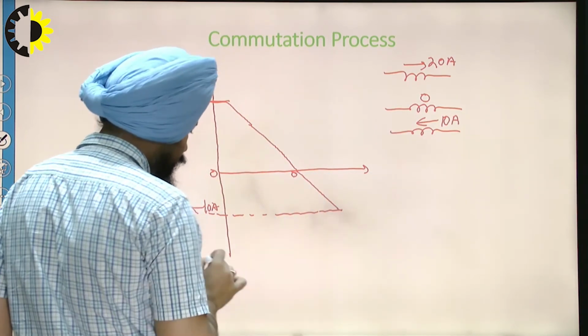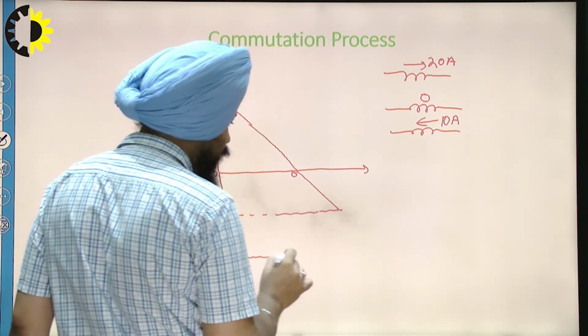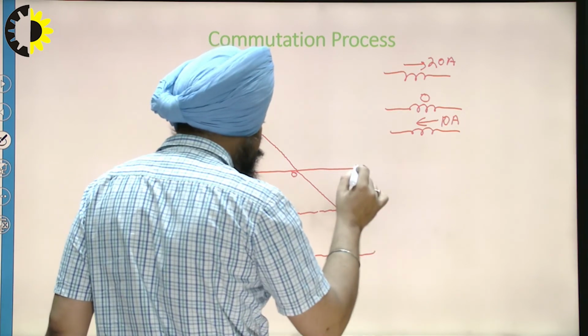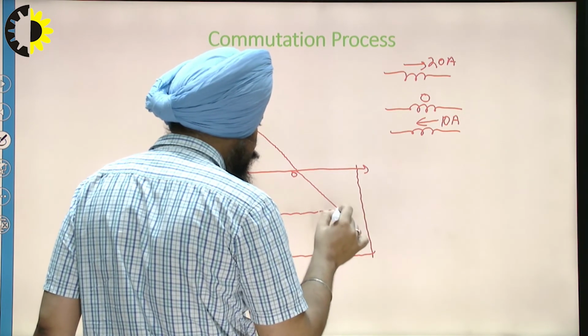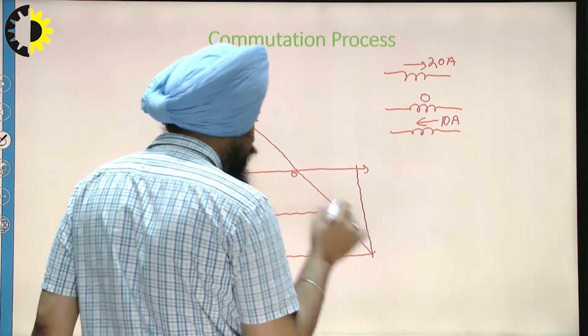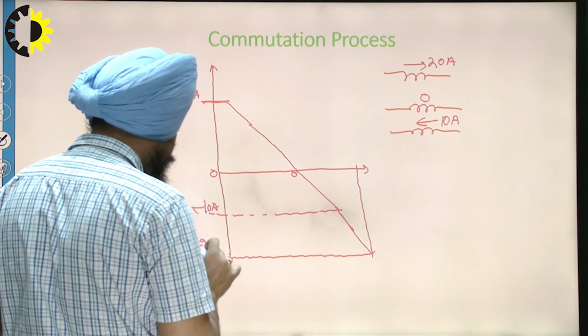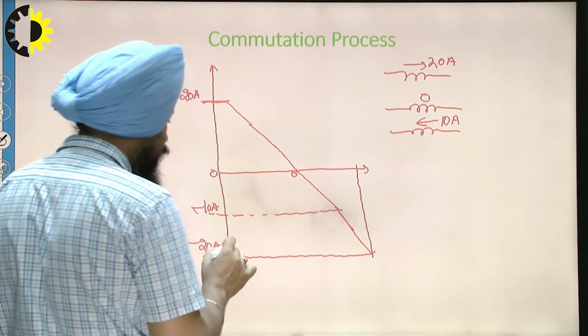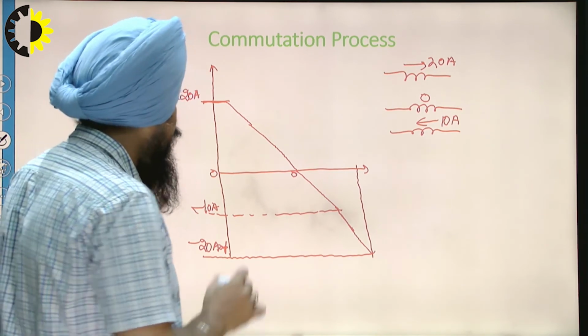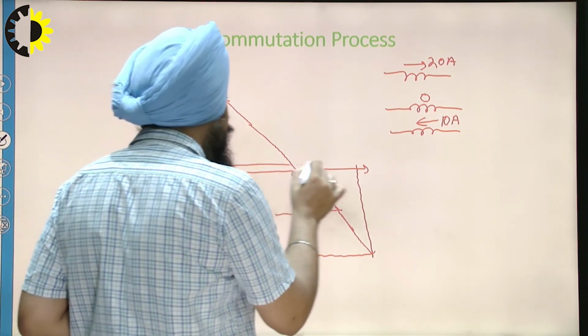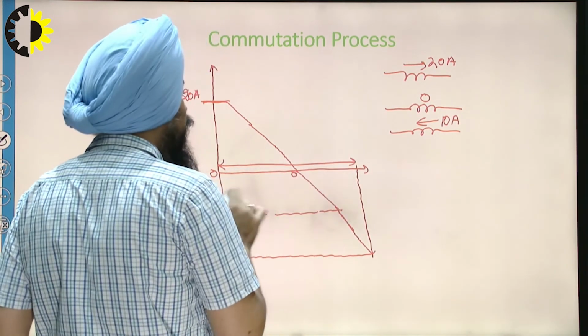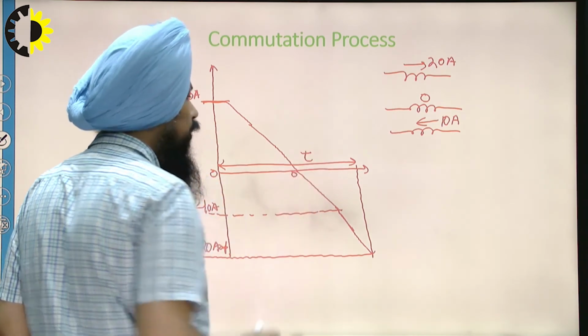And after completion of the commutation process, it reaches almost minus 20 ampere. This is the commutation process, and the time taken to complete it is supposed to be T.